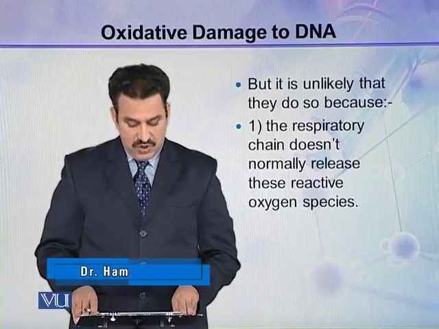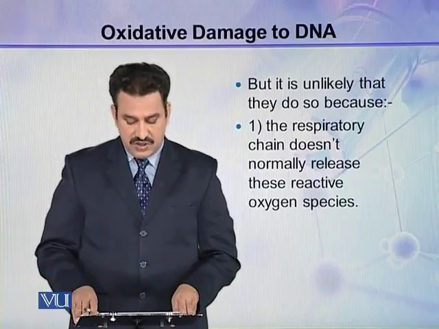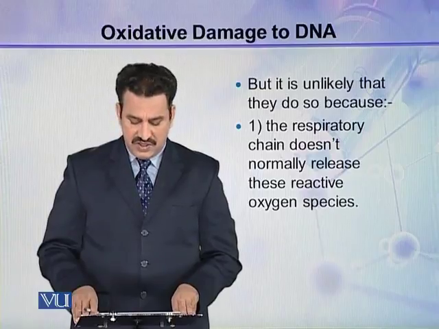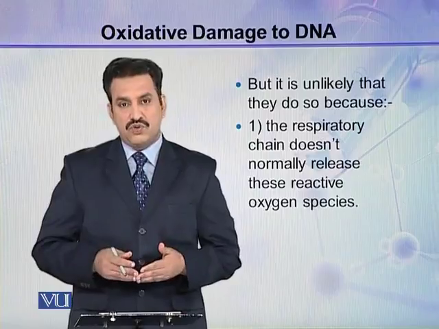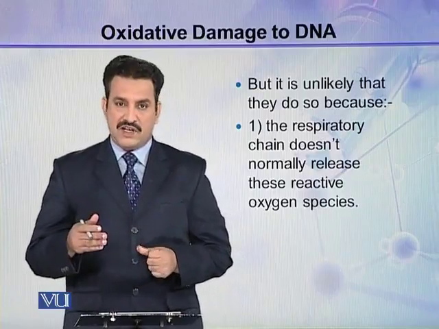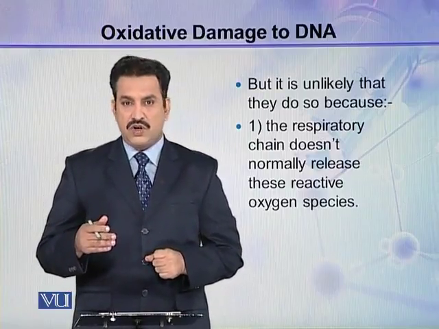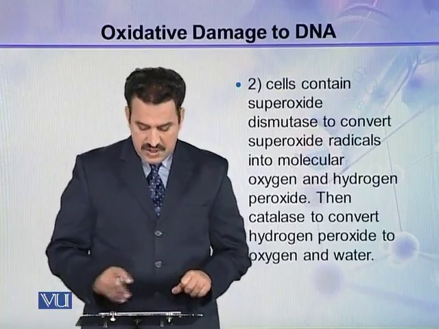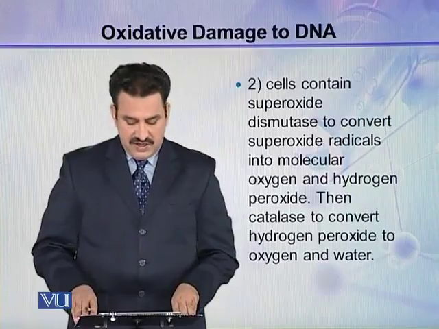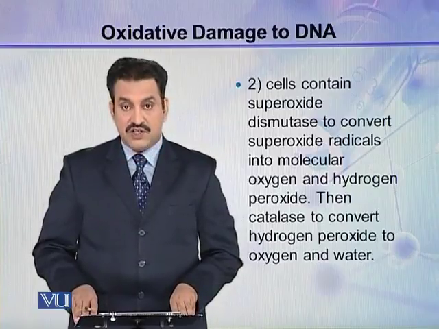Why? Because the respiratory chain doesn't normally release these reactive oxygen species. Although they are produced at the end of the electron transport chain, normally they are not released outside. Secondly, the cells contain superoxide dismutase.